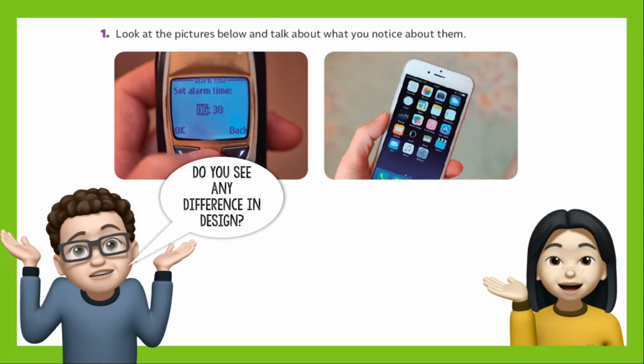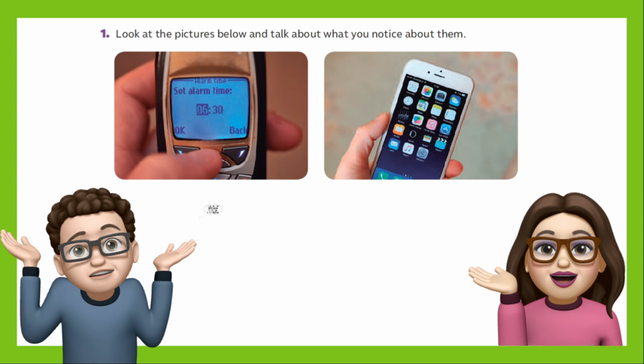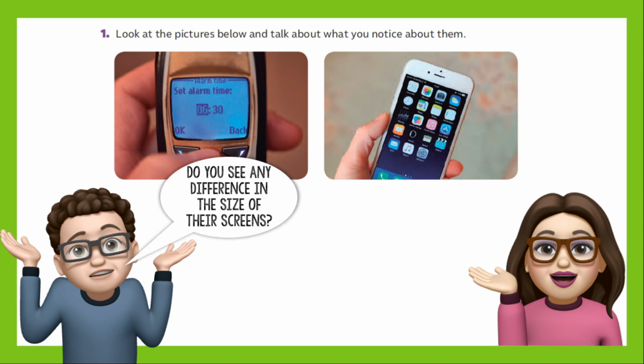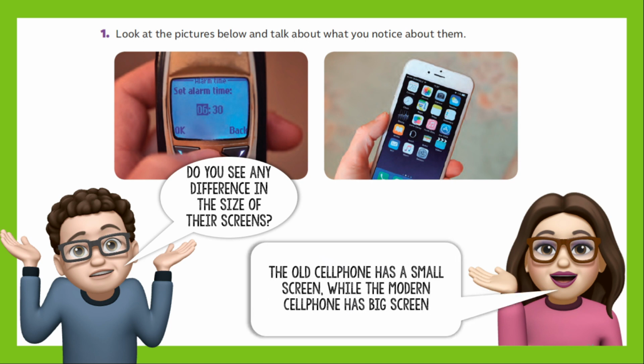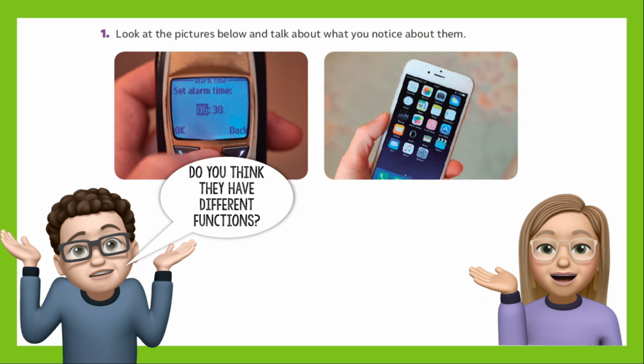Do you see any difference in design? The old cell phone is small. The screen is blue only and it has buttons, while the modern cell phone is big and the screen is colorful. Do you see any difference in the size of their screens? The old cell phone has a small screen, while the modern cell phone has a big screen. Do you think they have different functions?